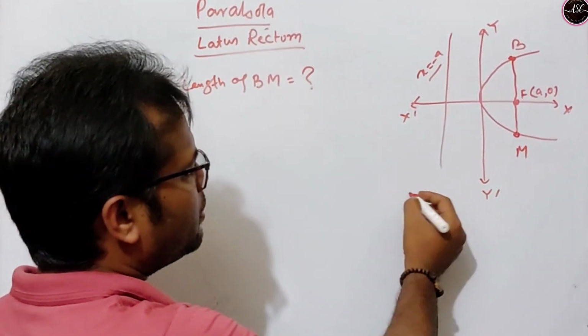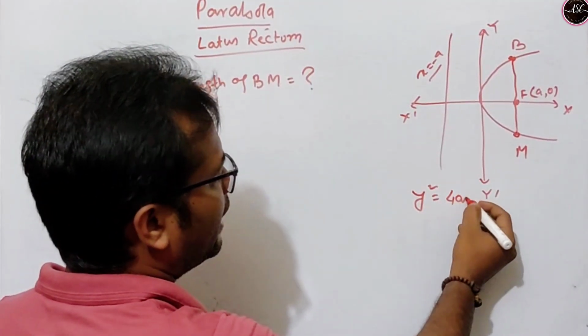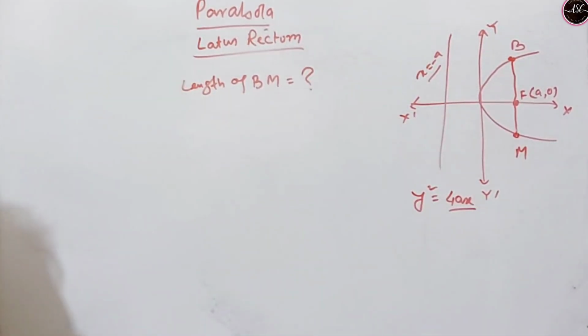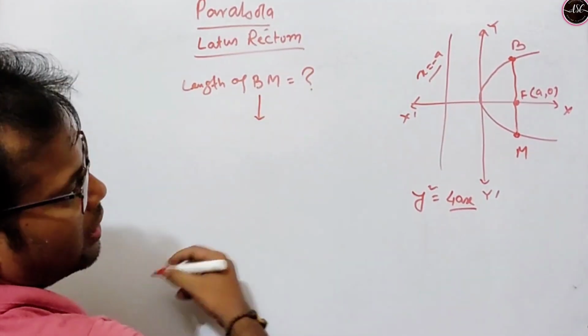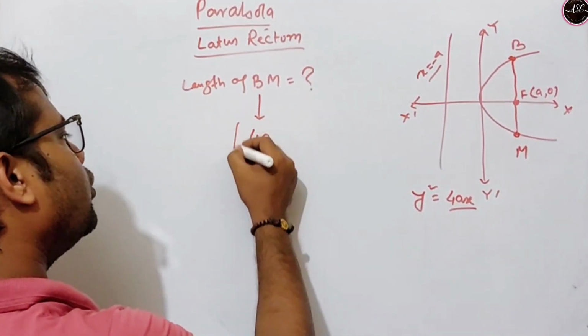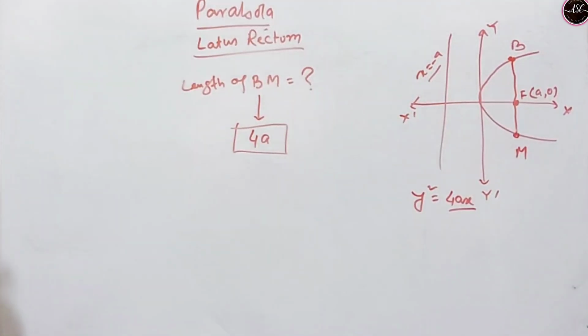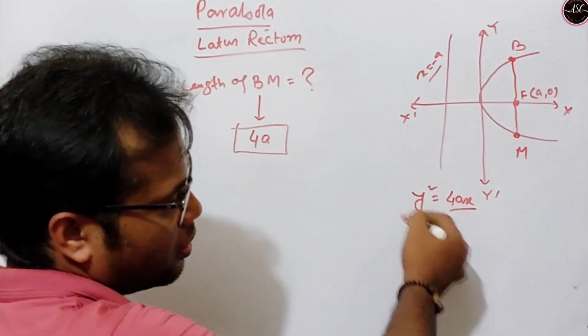Here the equation of the parabola is y square is equal to 4ax, so the length of the latus rectum is 4a. This should be remembered.